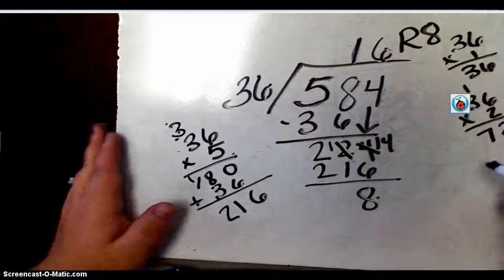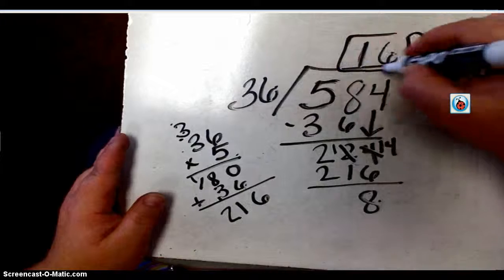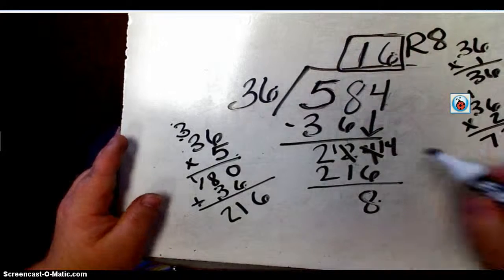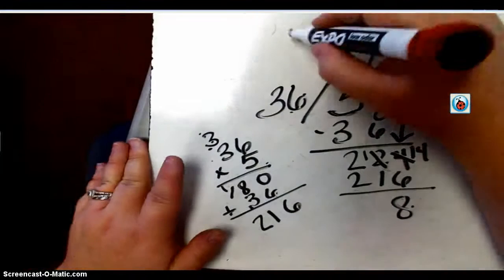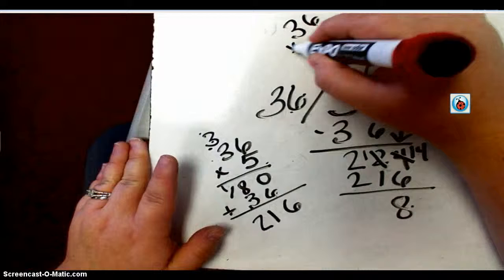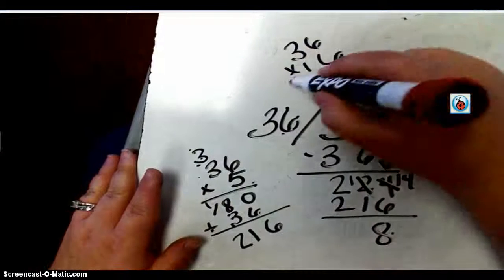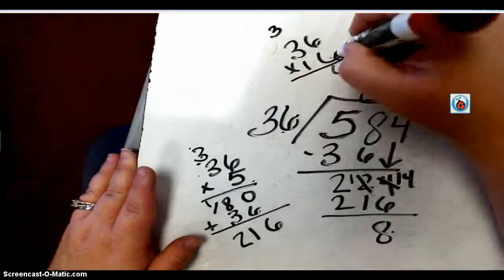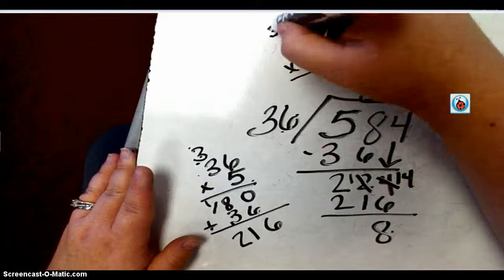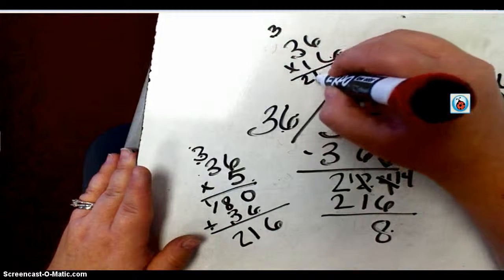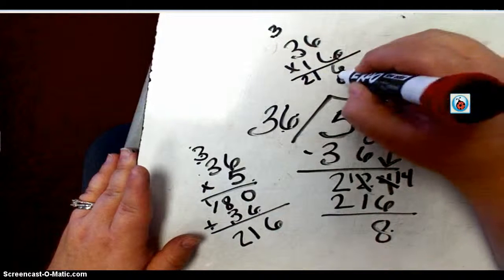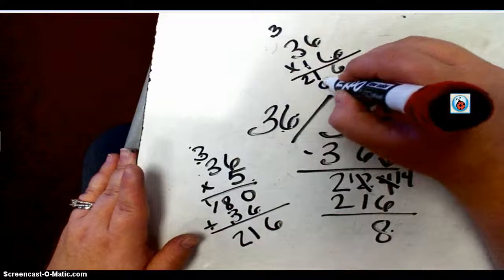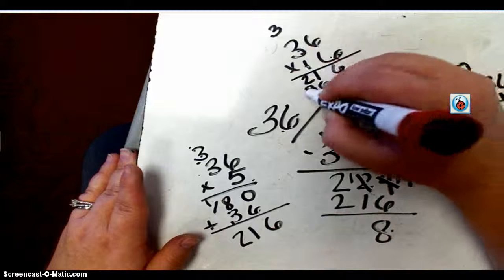Remember, if you want to check this answer, you take your quotient, the whole number, times the divisor, so you would take 36 times 16. 6 times 6 is 36. 6 times 3 is 18, plus 3, 19, 20, 21. Put my placeholder 0. 1 times 6 is 6. 1 times 3 is 3.